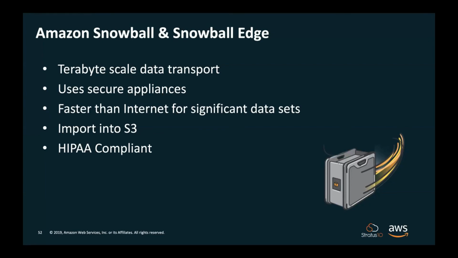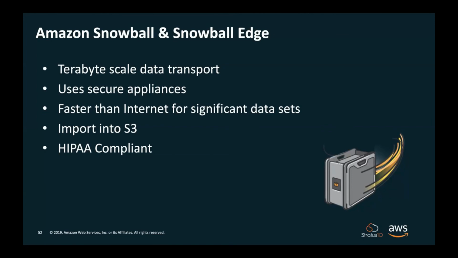Through the configuration or ordering process, it creates that label. It's tamper-proof. It knows that it's going to your location, and when you're ready to ship back, it automatically flips and goes to the AWS shipping location that corresponds to the region you need that data to go to.